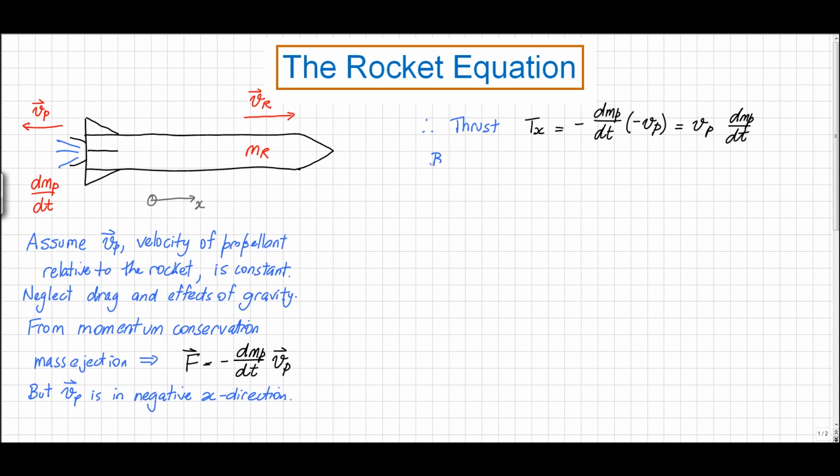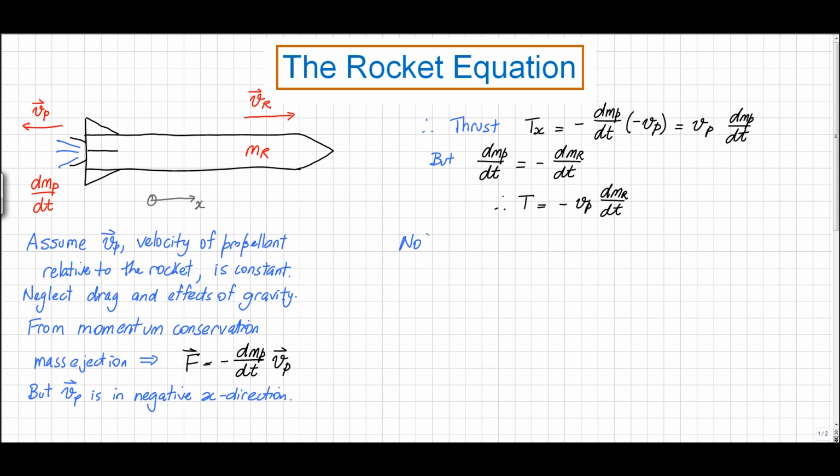We can note another important point here about the rate at which we're ejecting mass, our dmp dt. As we're ejecting mass out through the rocket's nozzle, the mass of our rocket is decreasing, and we can equate dmp dt to negative dmr dt, because as we eject propellant, we reduce the mass of the rocket. So if we put these two things together, we can say that our thrust generated by our rocket is going to be minus vp times dmr dt.